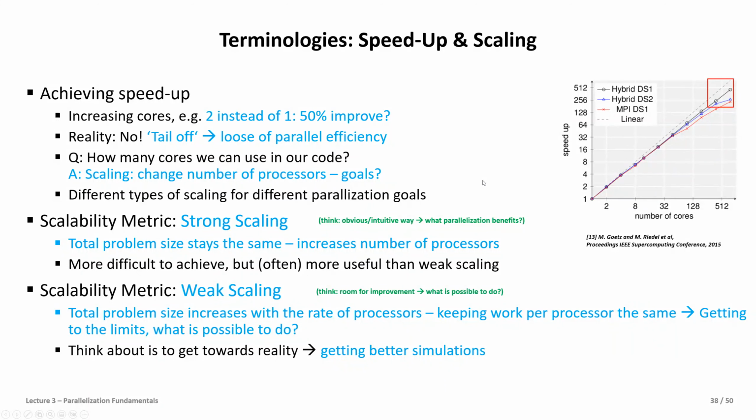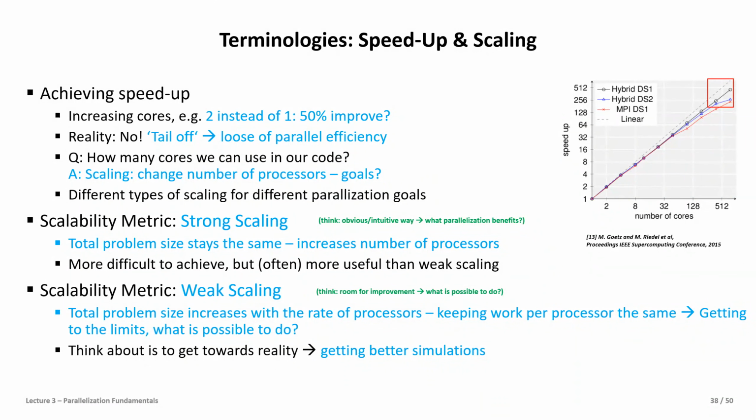So thinking of this, it's still nice, but at some point it maybe drifts off too much, where the tail off means we lose more and more of the parallel efficiency. So the question is, at some point, should I really waste the cores if I almost do not get any better speed up, right?